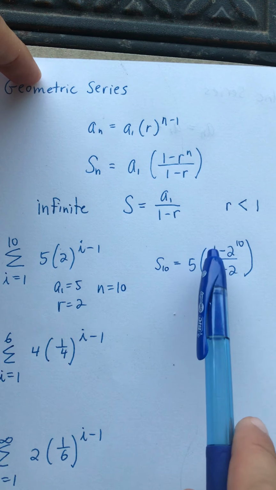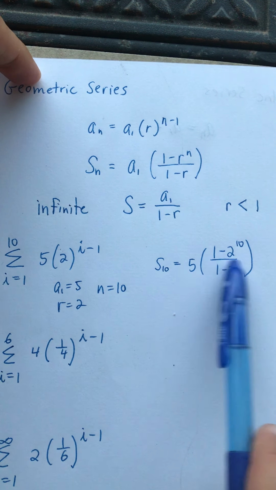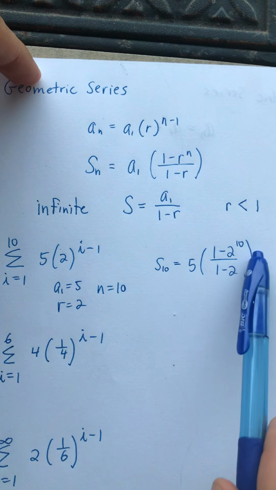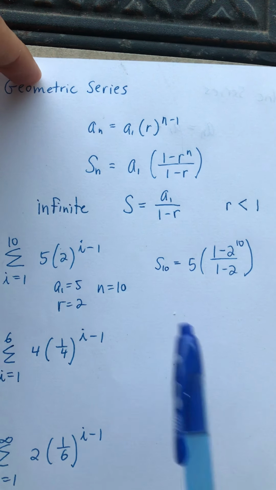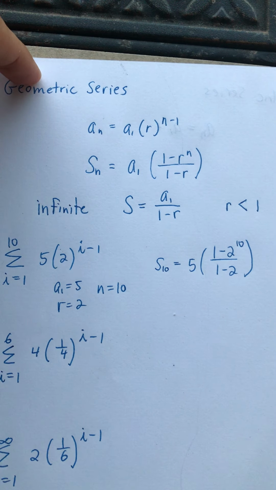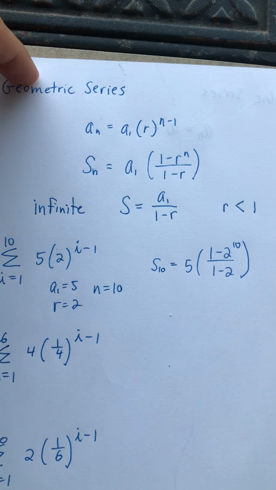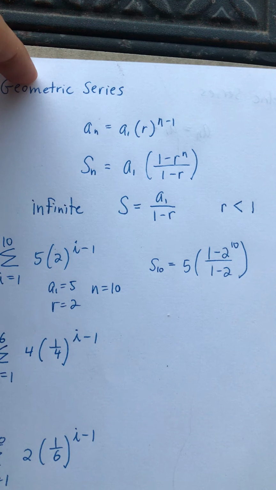The denominator here is going to be negative 1, since 1 minus 2 is negative 1, and then we multiply by 5. I want these answers left in fraction form, or if it's a decimal that terminates, that stops, you can leave it in decimal form. But if it's a repeating decimal, I want it in fraction form.